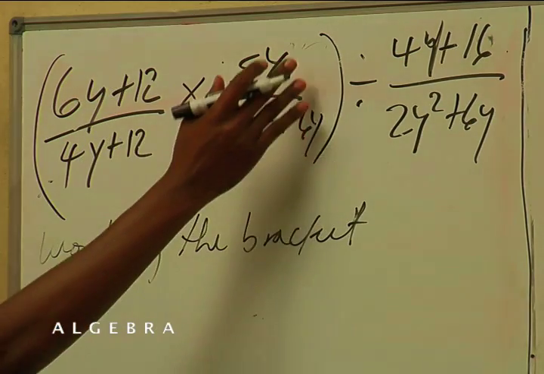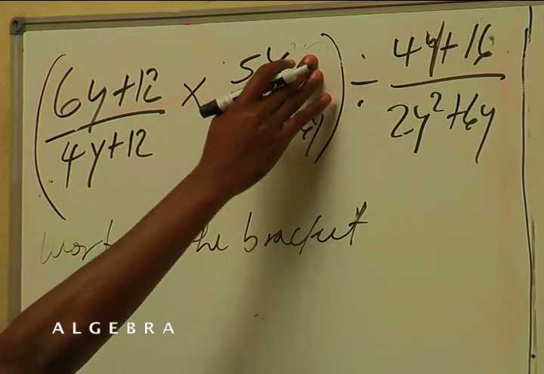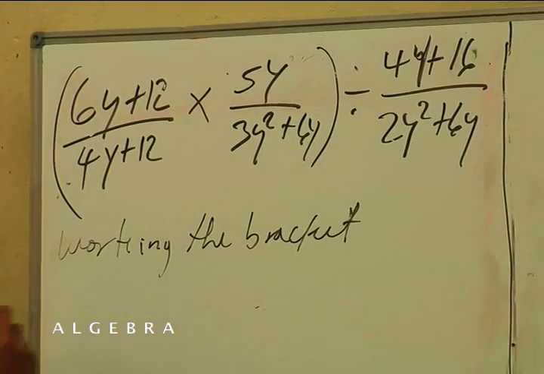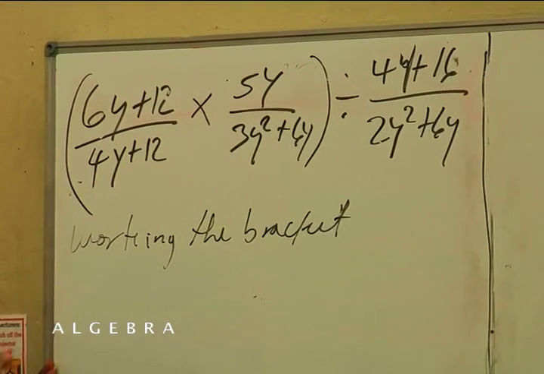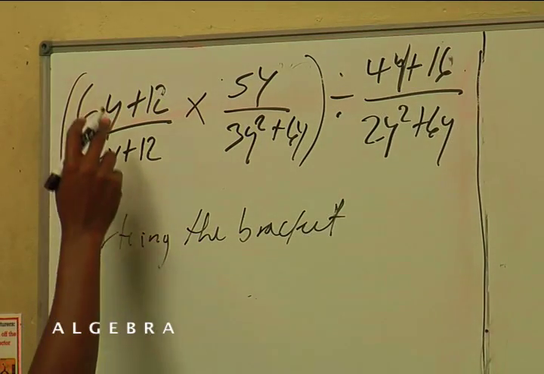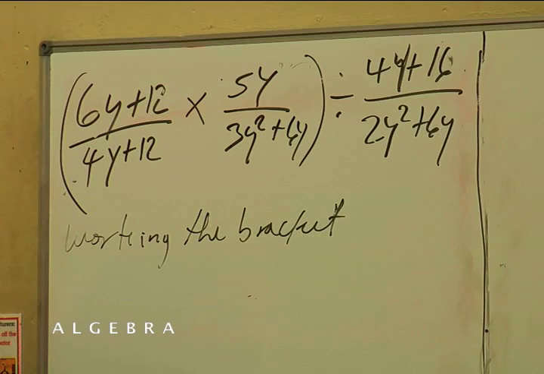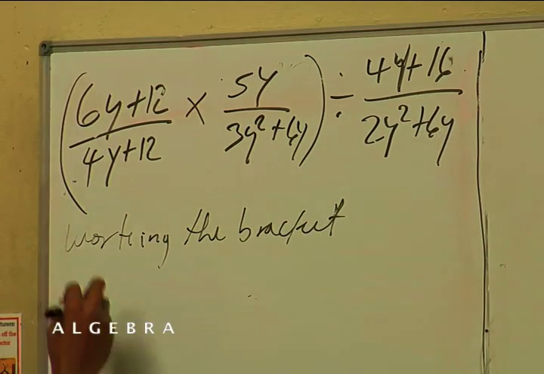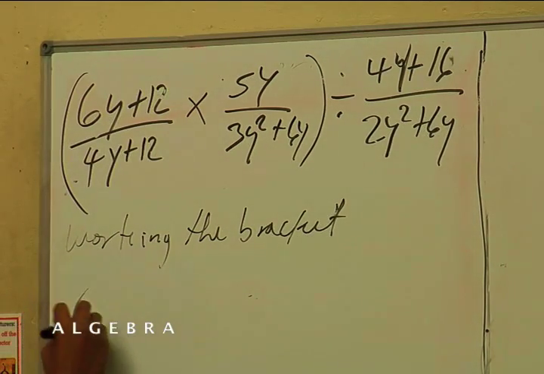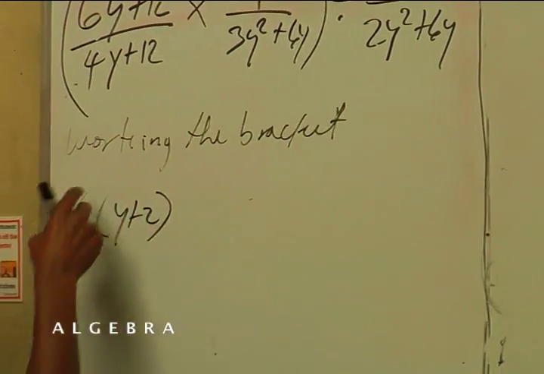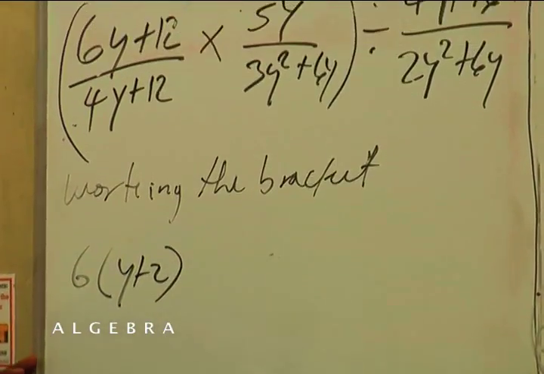We're going to work the bracket. Watch it now. We're going to factorize this and this. Watch this now. 6 bracket y plus 2. That's the factor for this, not true?